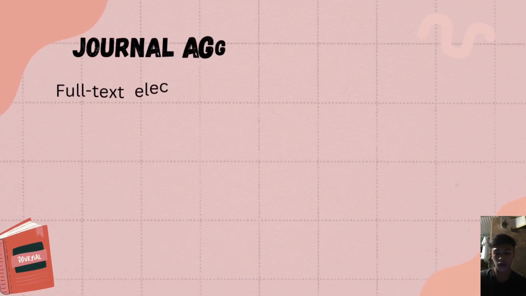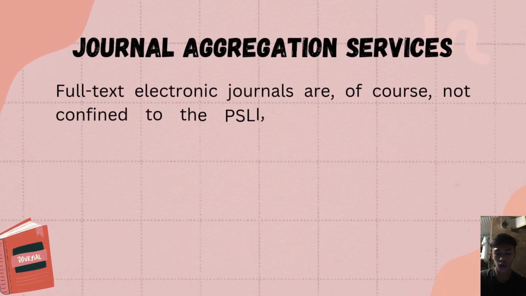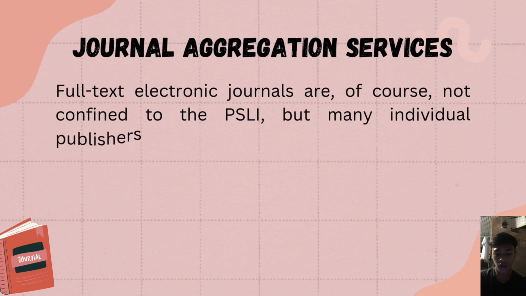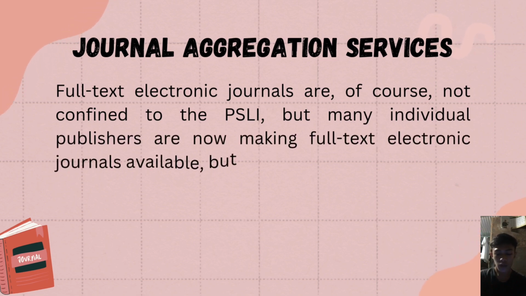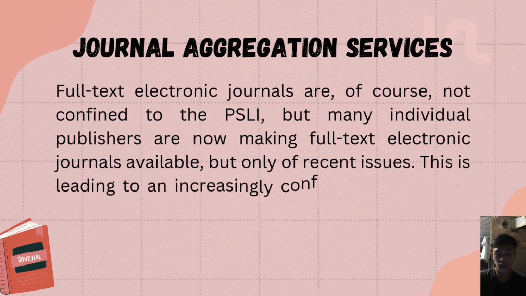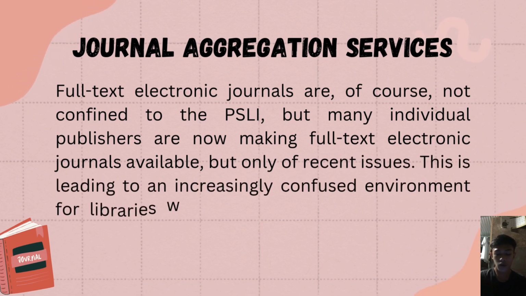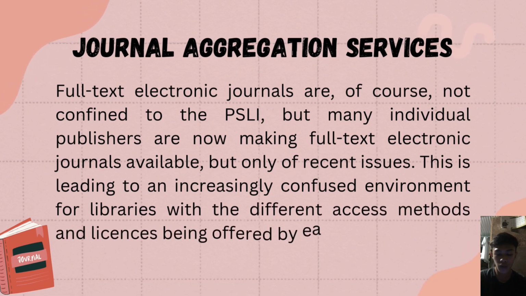Journal aggregation services are platforms that collect and display a wide range of academic and scholarly journals from various disciplines. These services help researchers and professionals access a comprehensive collection of research articles, papers, and publications, often providing search and filter functions to help users find exactly what they need.